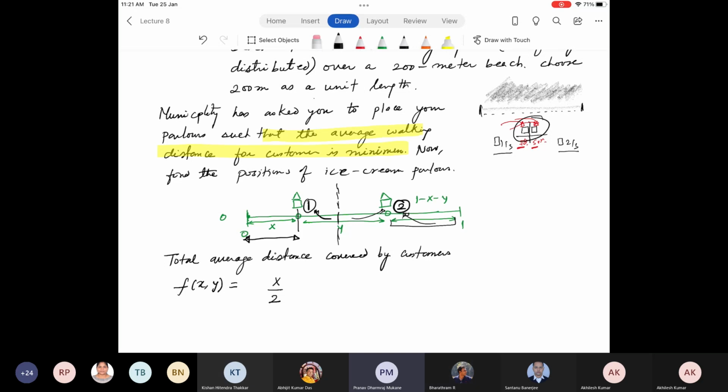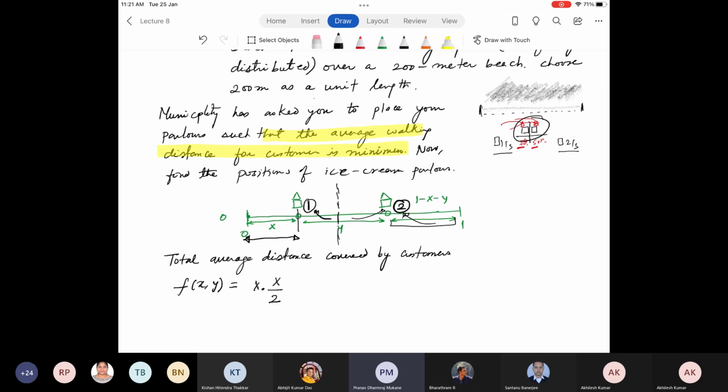How many people are there? Does this make sense? Correct.